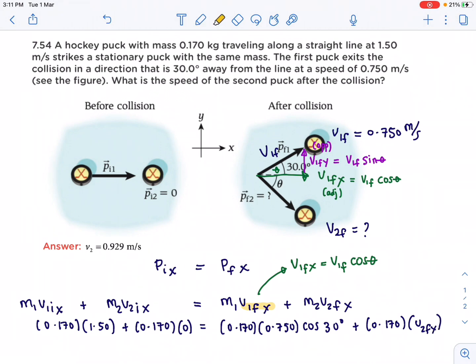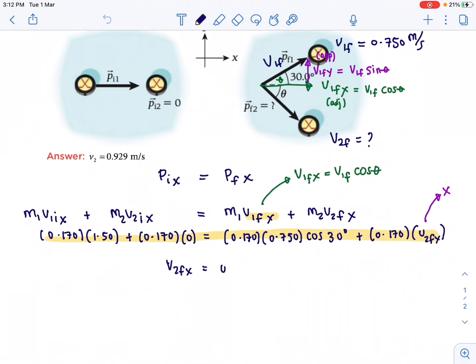So now this is our equation, and you could just use your calculators to solve for the unknown, which in this case is the x component of the final velocity of the second puck, our V2fx, and that is equal to 0.85 meters per second. So now we have the x component of the final velocity of the second puck.